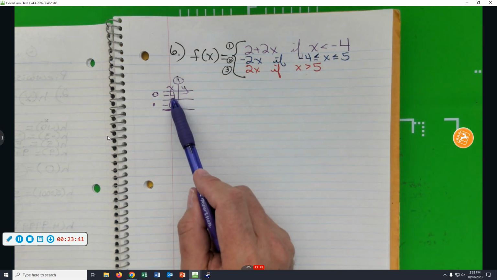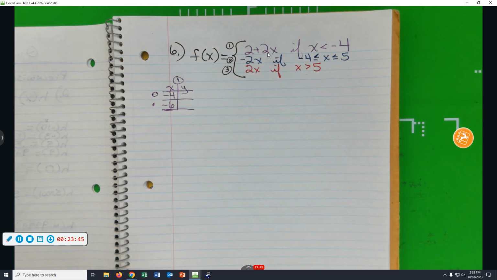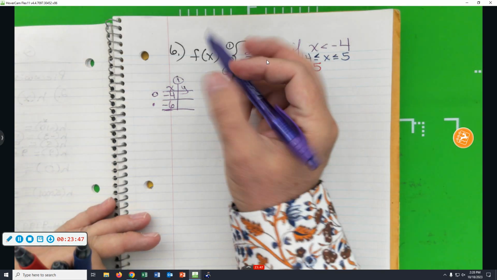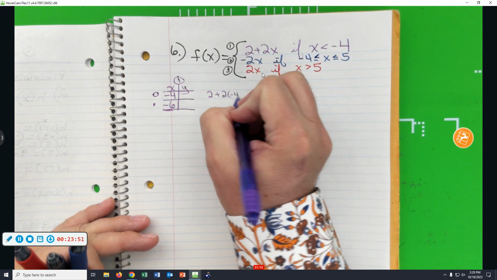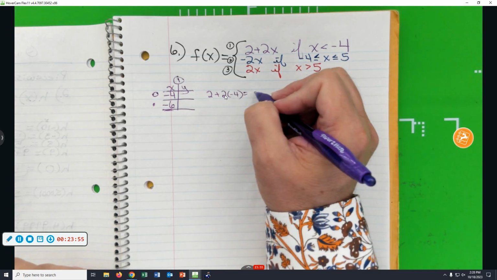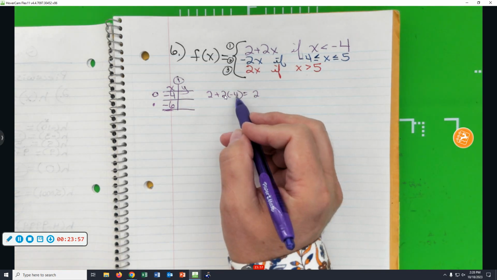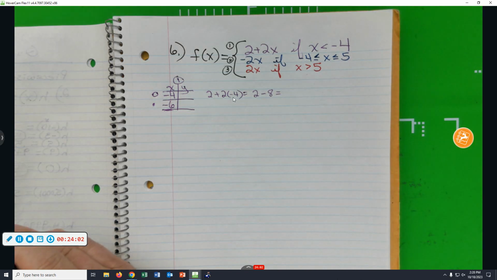Take the -4 and plug it into that purple piece. You're going to have 2 plus 2 times -4. Positive 2 times -4 is -8. 2 minus 8 gives me a y value of -6.